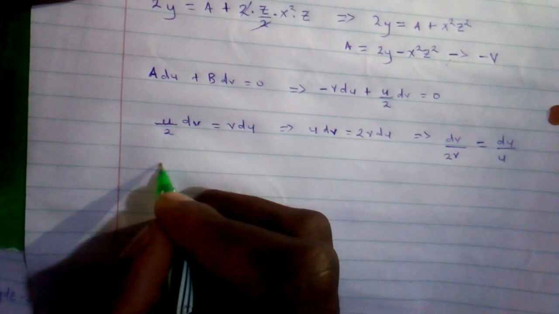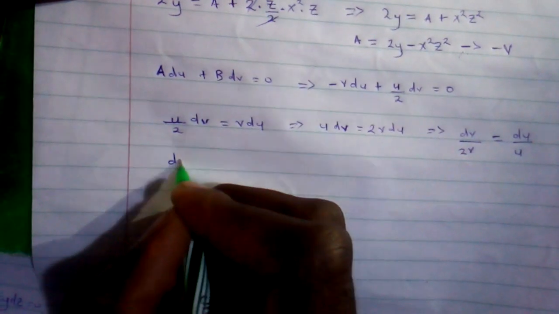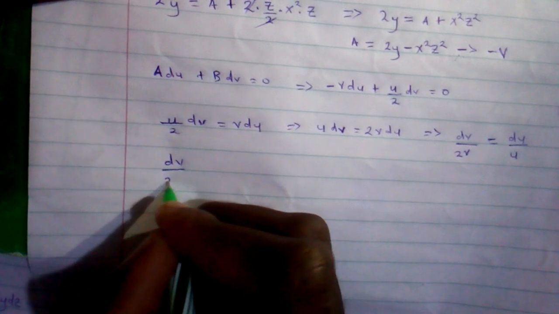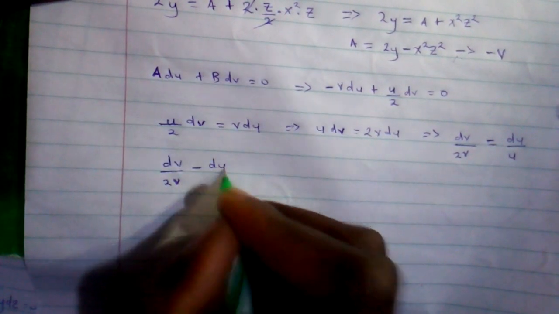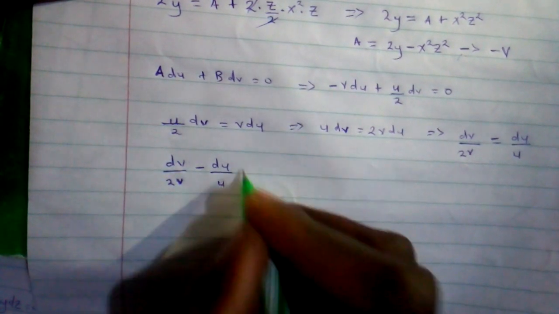We rearrange whatever we have got there, so it will be dv all over 2v minus du all over u is equals to 0. At this point, we integrate.